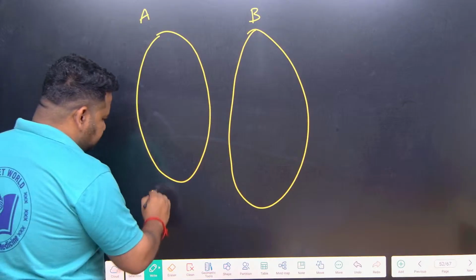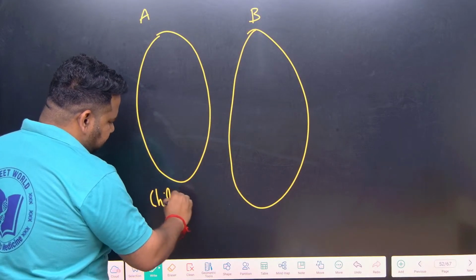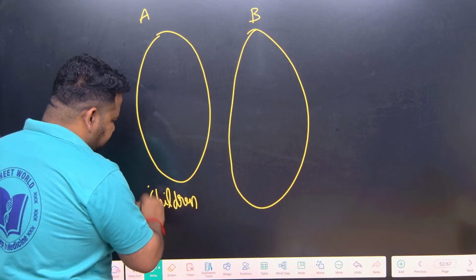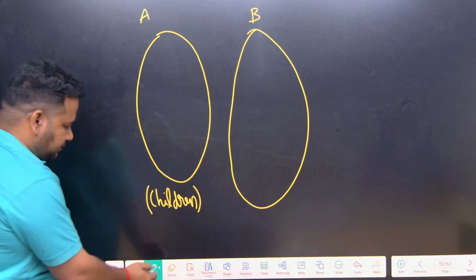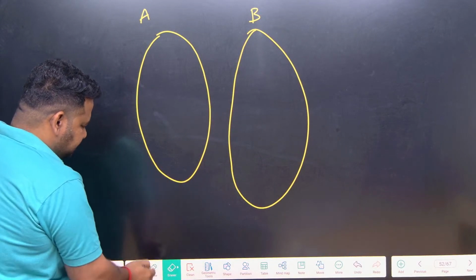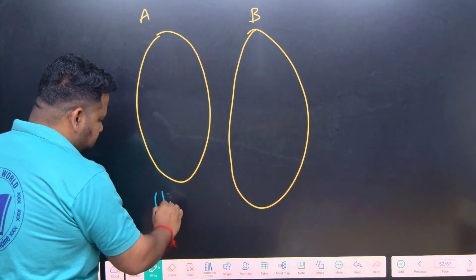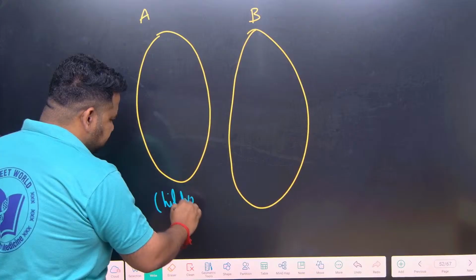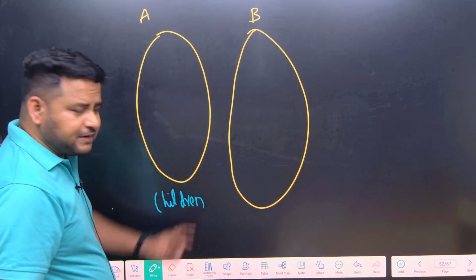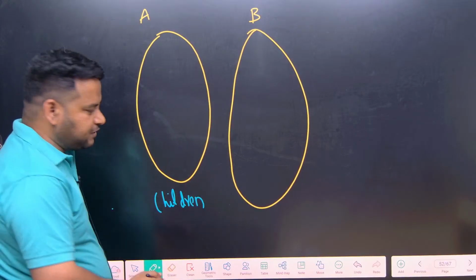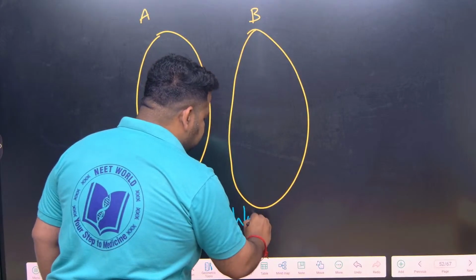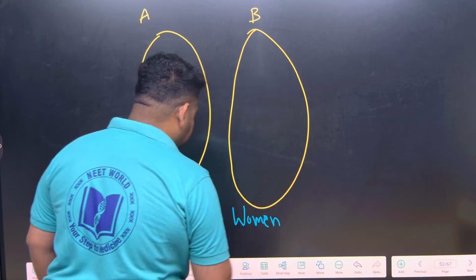Let set A represent children. Set B represents women. I am not telling mother, I am telling women.